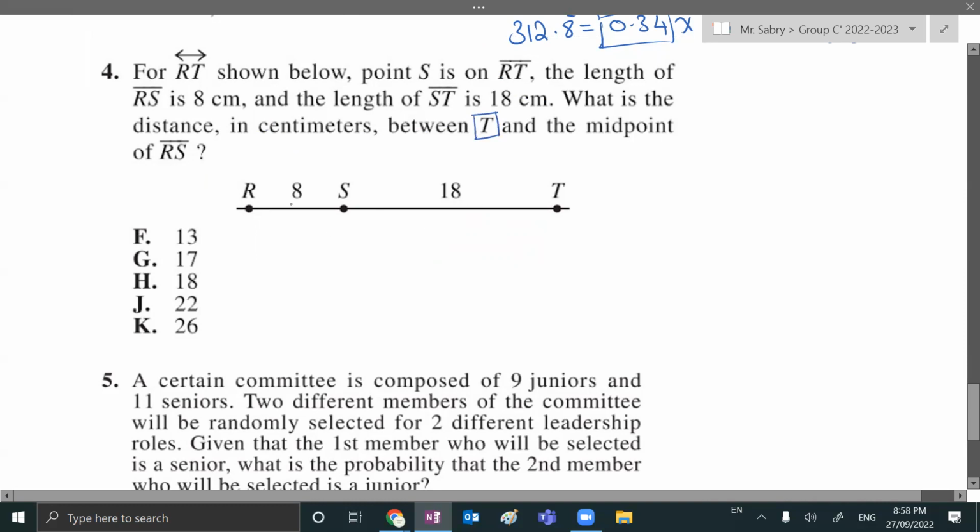So if I'm thinking where's the midpoint of RS, it should be somewhere here in the middle, which means that this distance here is 4. Apparently they need the distance from T up until the midpoint. So they need this whole distance, which is the 18 plus the 4, a total of 22. And that's the answer. It's an extremely easy question, right?